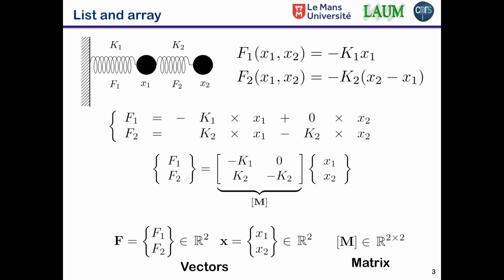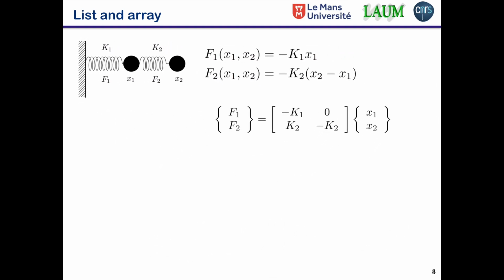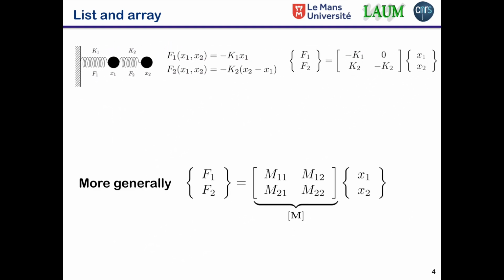This array is called a matrix. When I see a relation like that, I know that it means this relation, which is equivalent to this one. This can be generalized: more generally, we can write that the output is a matrix, where we have put some generic coefficients, times the input.